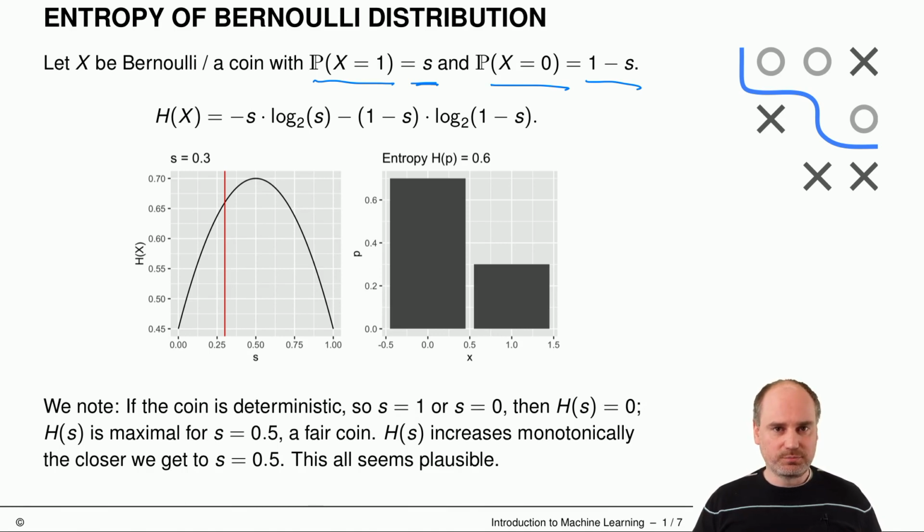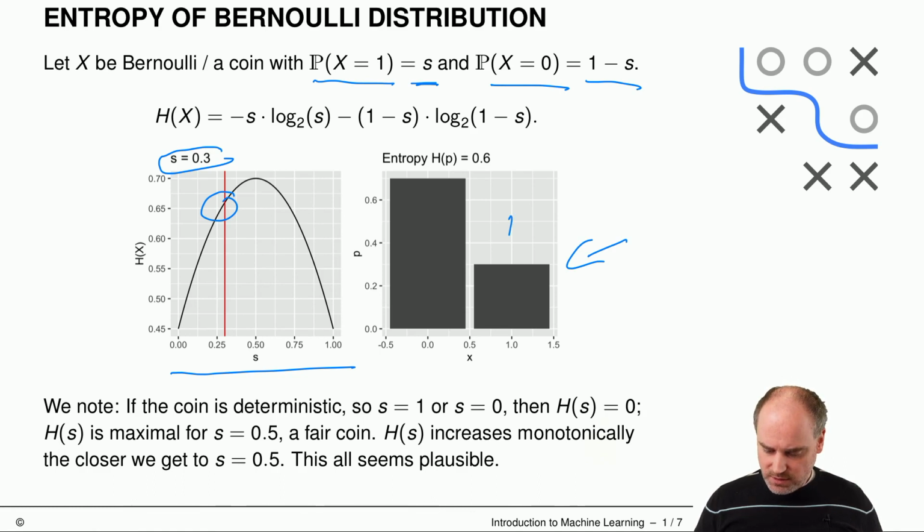And the only thing I now want to do here is plot the entropy of this Bernoulli random variable as a function of the success probability S. As you can see, I've marked one point here where the success probability is 30%. You can see the distribution here on the right hand side.